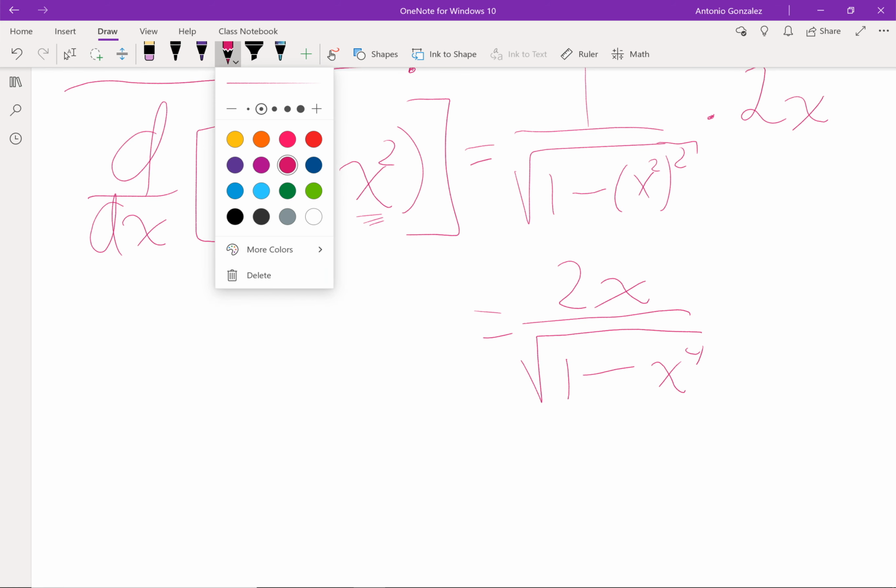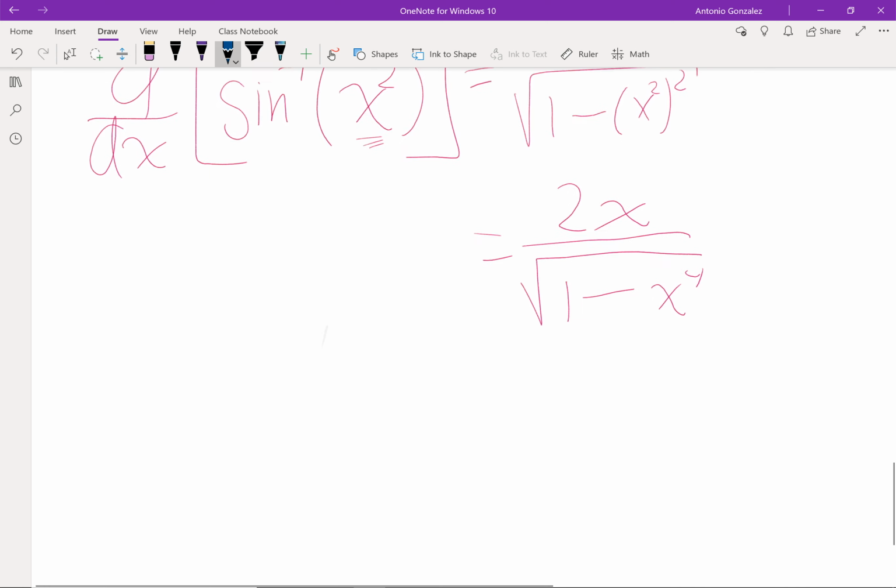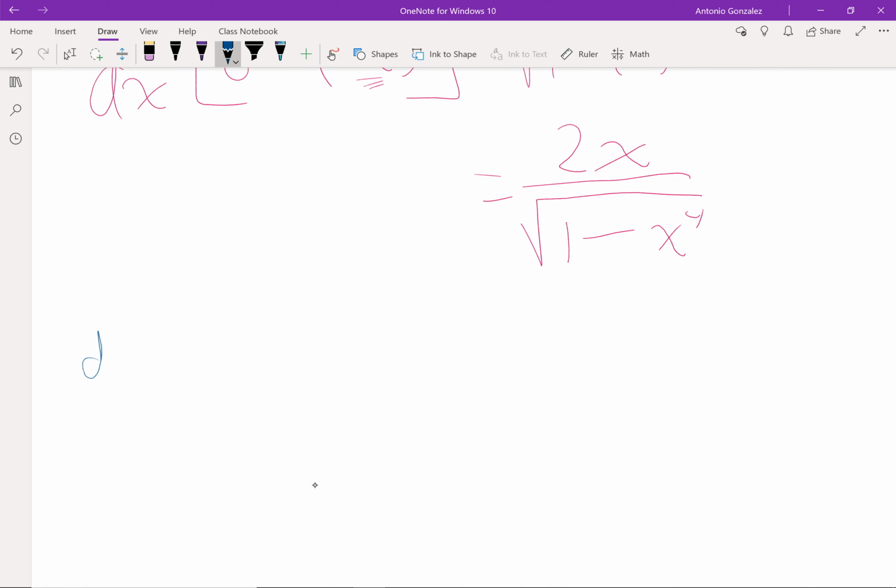How about we do another one involving the chain rule, where we have cosine of sine inverse of 2w.